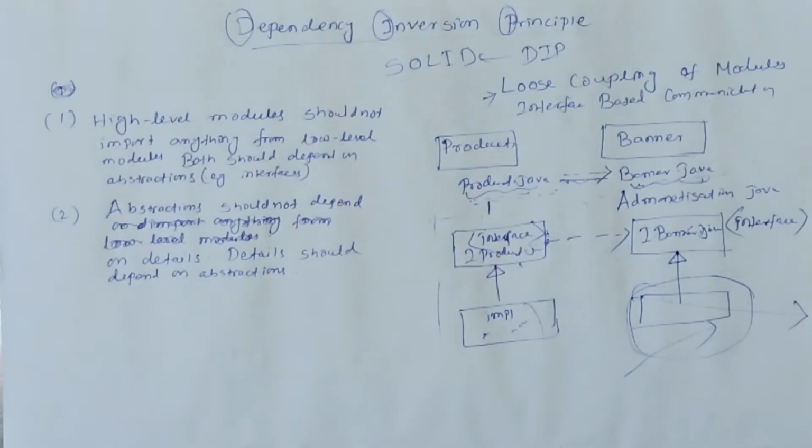So all the communication should happen using interfaces, and interfaces should depend upon interfaces. In other words, abstraction should depend upon abstraction, and abstractions don't depend upon concrete classes; rather, concrete classes depend upon abstraction.